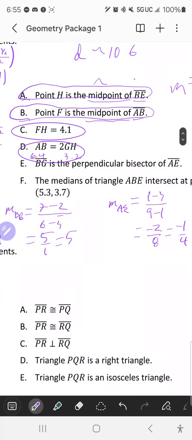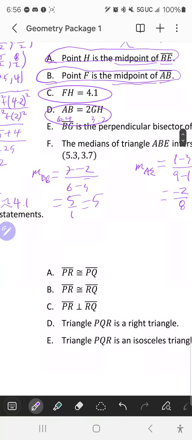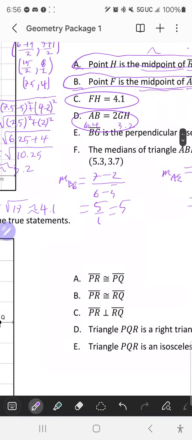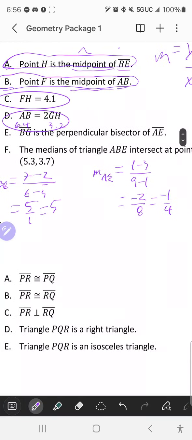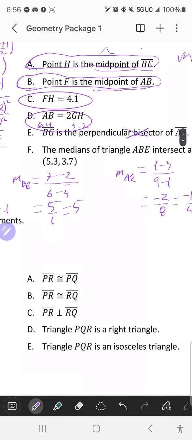As we see, their slopes are not reciprocal opposites, like they're opposite but not reciprocal. For AE to be perpendicular with BG, its slope must have been negative 1 over 5. For BG to be perpendicular to AE, its slope must have been 4, which was not the case, so B is false. It is a bisector, but it is not perpendicular.